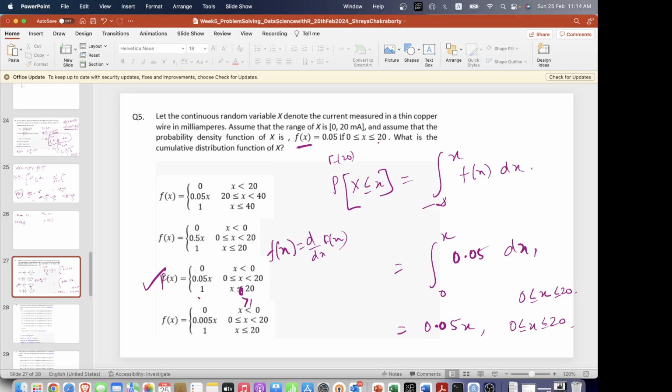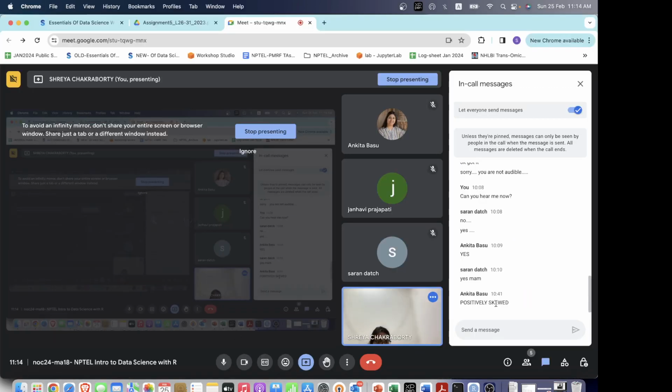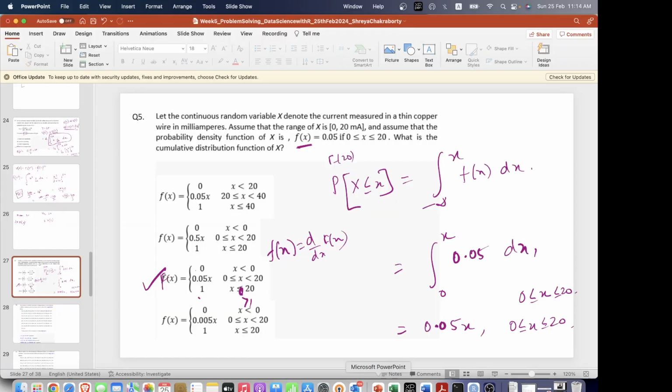And this holds even when x is equal to 20. Is it okay? Any doubt here? Okay, if not, then I'll just move on to the next one.